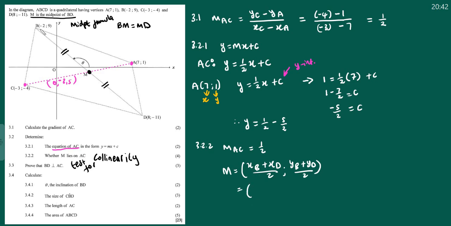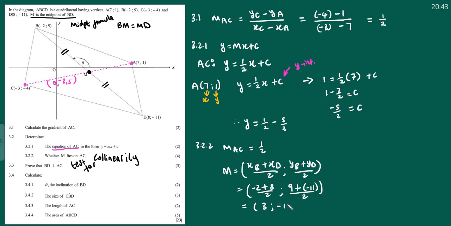Now, x of B is negative 2, and x of D is 8, right? y of B is 9, and y of D is negative 11, and then you divide by 2. Then what is the answer that you get? I think this will be 6 over 2, which is 3, and then negative 2 over 2, which is negative 1.